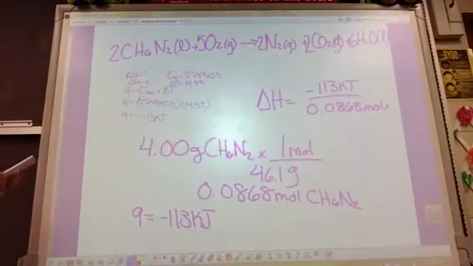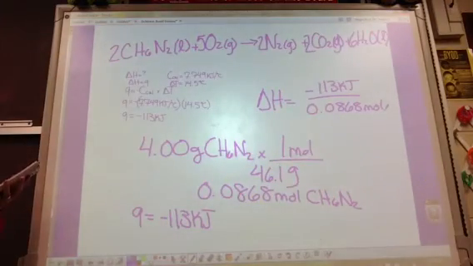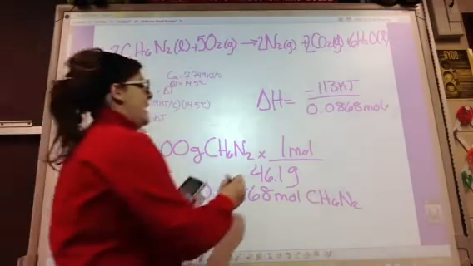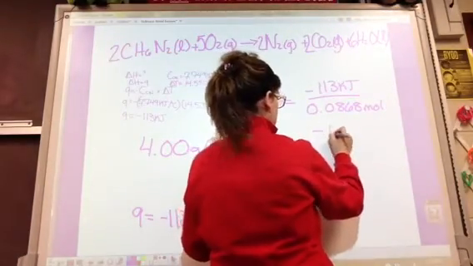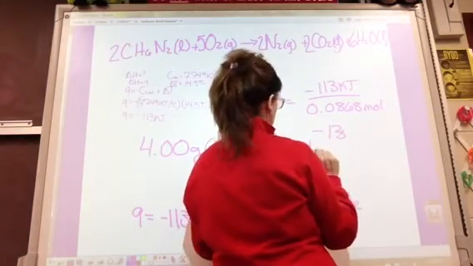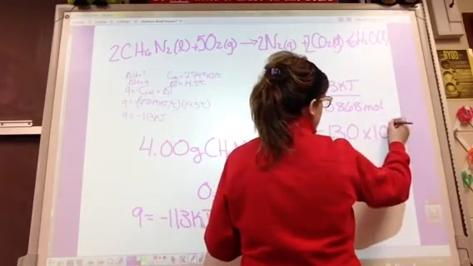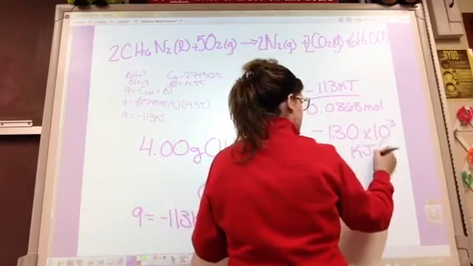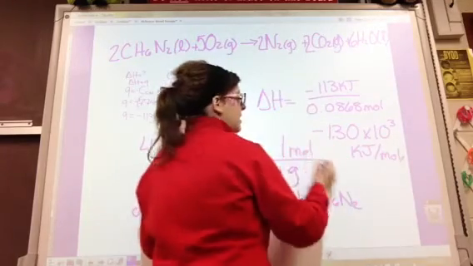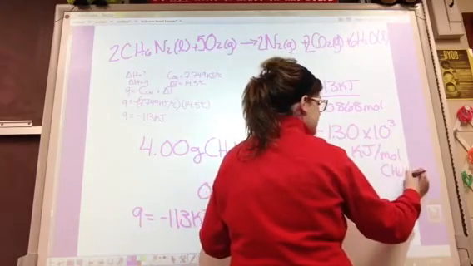So if I do that, that should give me, we'll say a negative 1.30 times 10 to the third kilojoules per mole, and that's of CH6N2.